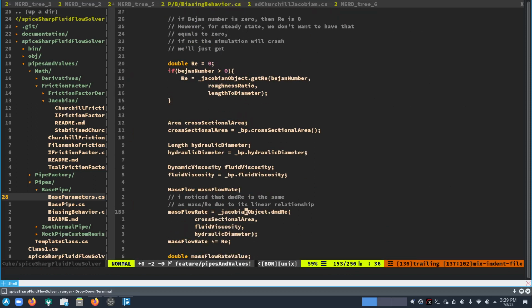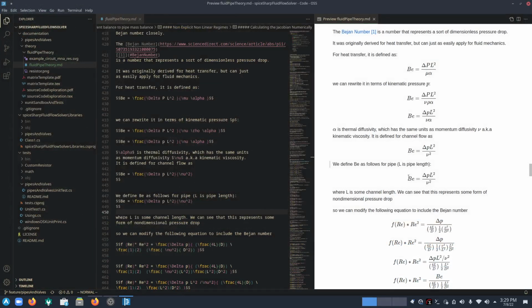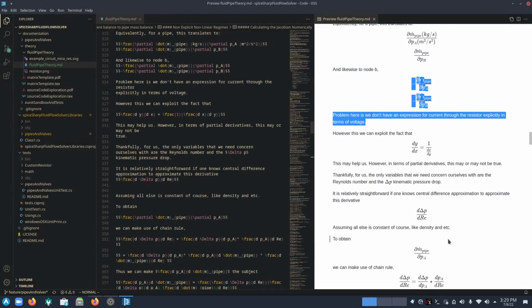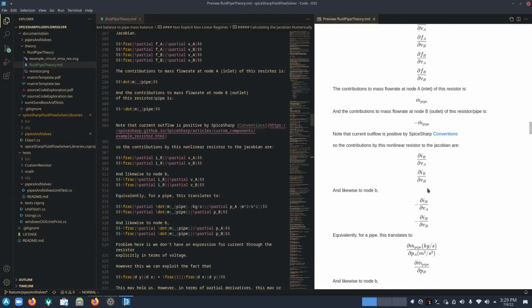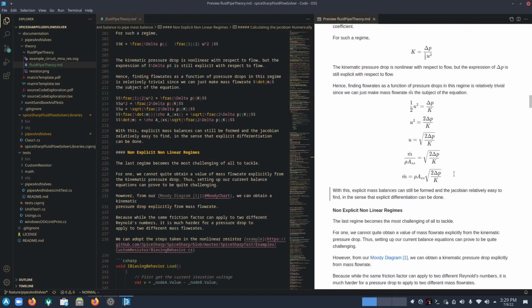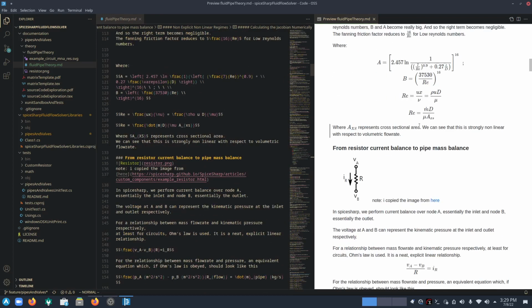I get all of this. I get the dmdRe. What is dmdRe to get the mass flow rate? dmdRe is right here. You can get it from this equation.